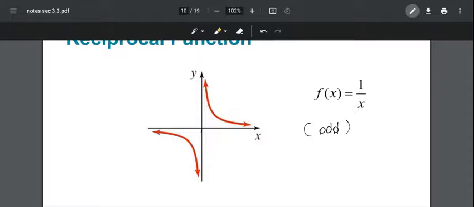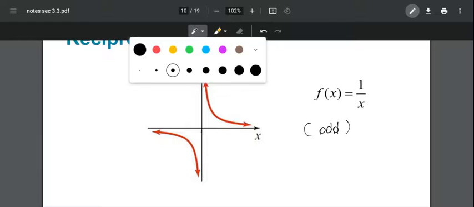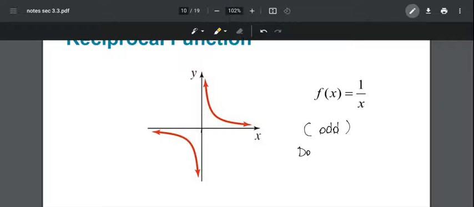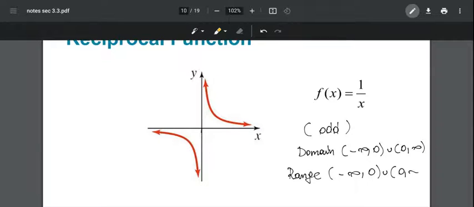Here the domain is from negative infinity to 0, union 0 to positive infinity, and the range is the same. It's from negative infinity to 0, union from 0 to infinity. So the x value cannot be equal to 0 and the y value cannot be equal to 0.